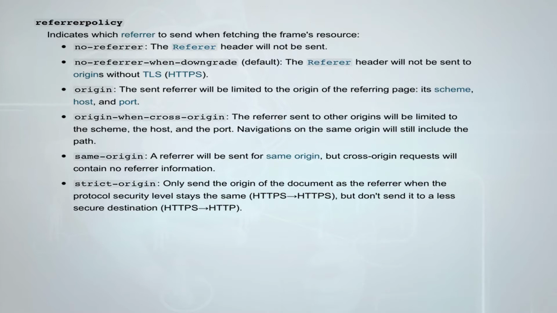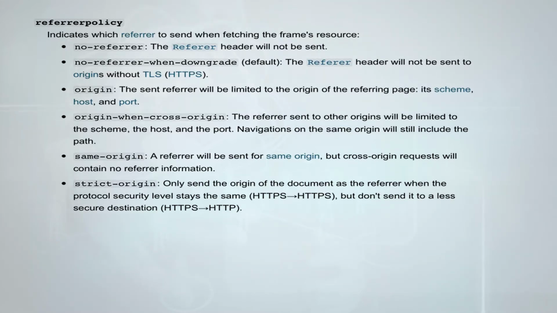Then we have strict-origin. Only send the origin of the document as the referrer when the protocol security level stays the same. So here you have HTTPS to HTTPS, that is, secure hypertext transfer protocol, but don't send it to a less secure destination, so it's like HTTPS to HTTP.